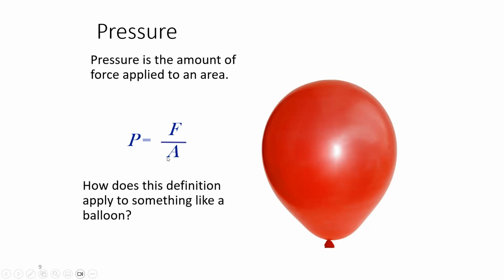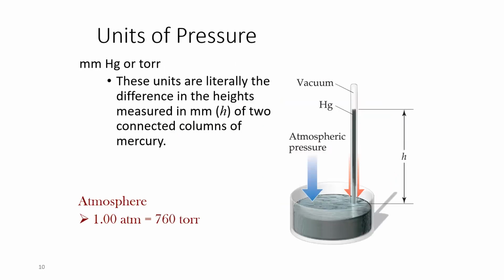So if we had a tire for a car that was at 36 pounds per square inch, it's 36 PSI. That means for every square inch of tire, it's going to be exerting 36 pounds of force. And with any of these units, that's still what we're measuring. It's just the pressure of that force over a given area. But we have a whole bunch of different units we can use for it. Like I said, primarily, we'll be using atmosphere.